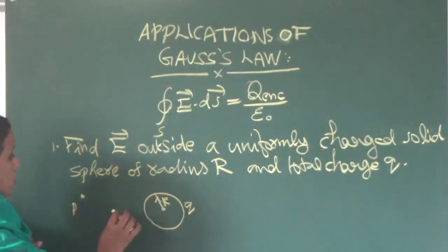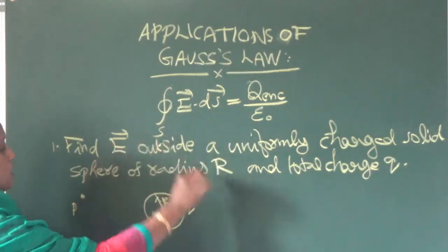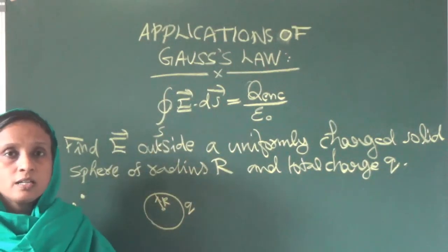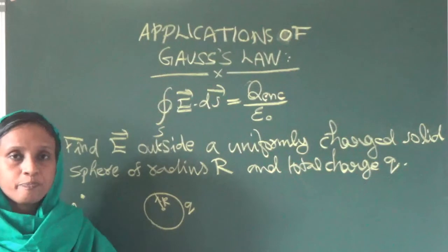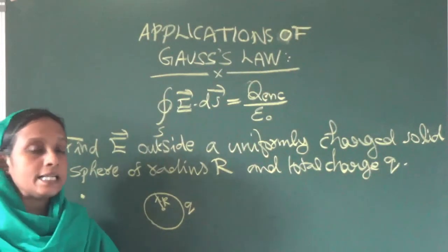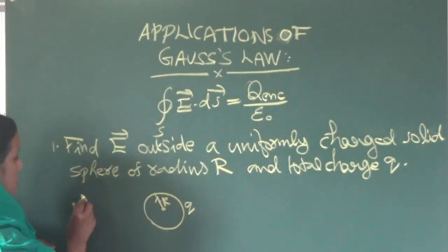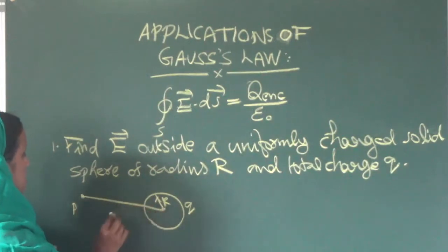Now suppose we can assume another sphere, whose radius is smaller. Suppose this is the distance.